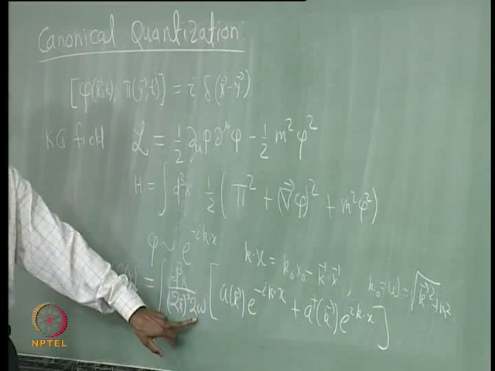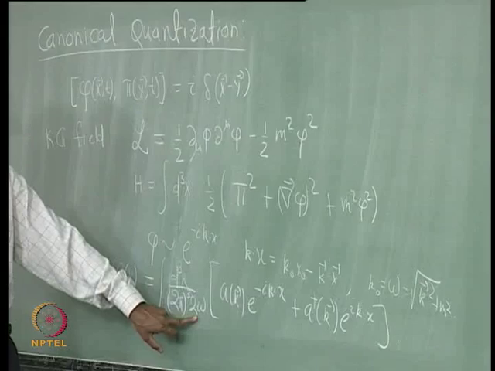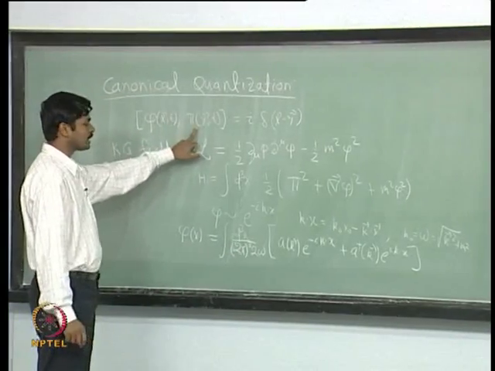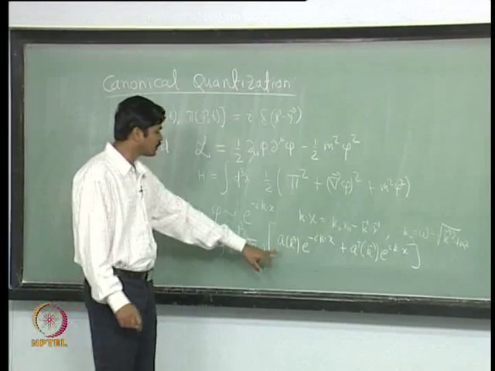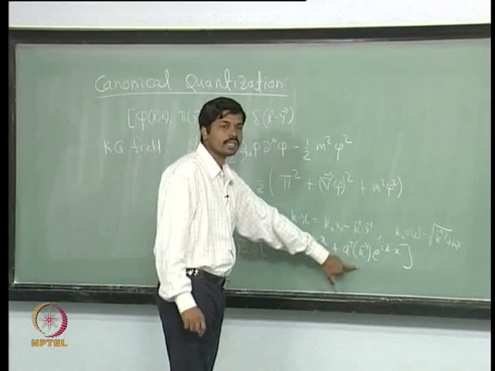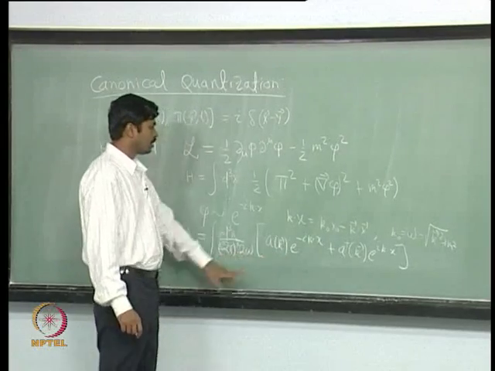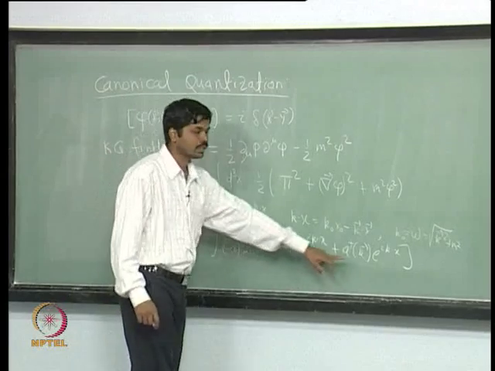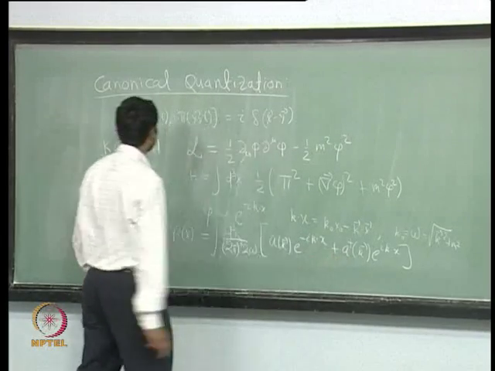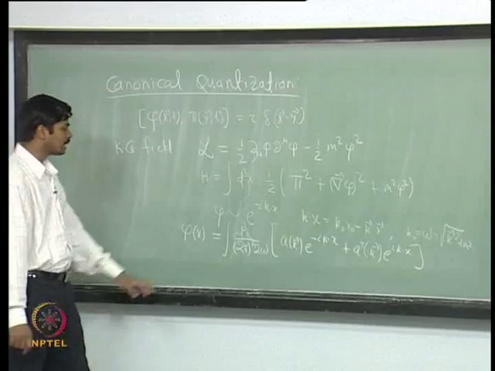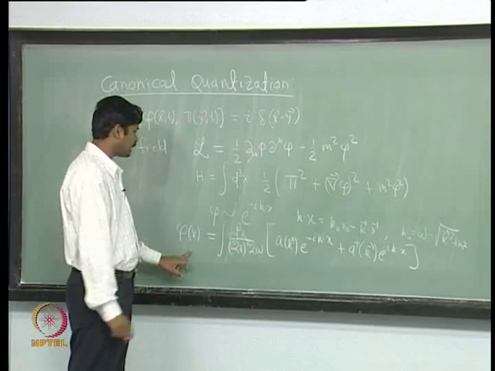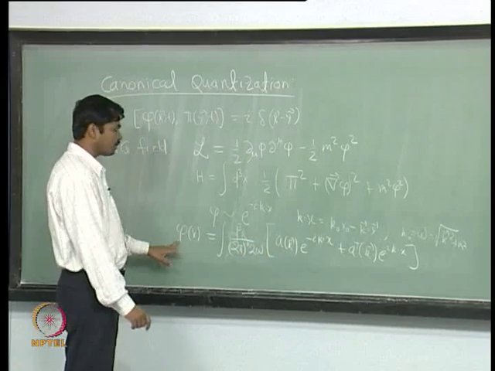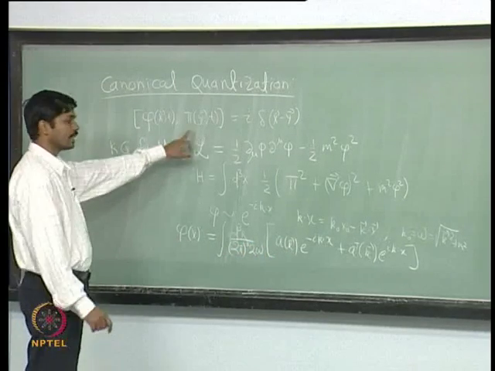Here this 2 omega is for convenience, and when we quantize, these phi and pi are operators, and hence the coefficients a(k) and a dagger(k) are operators. We wanted to find the corresponding commutation relations for these operators. To do that, we invert this relation and express the operators a(k) in terms of phi and pi.